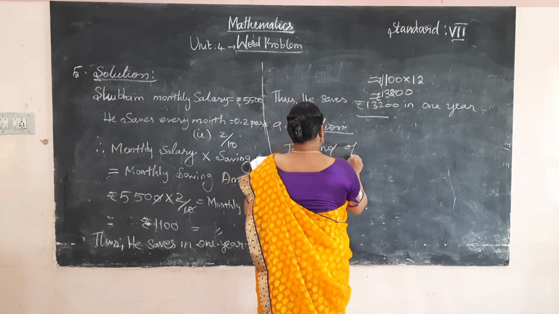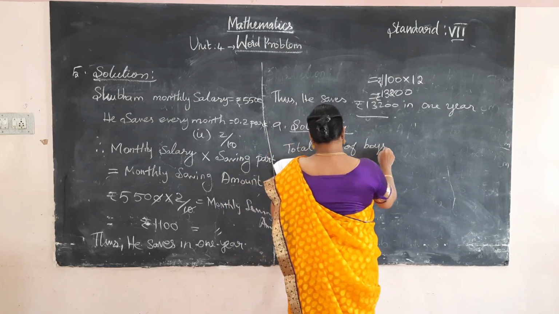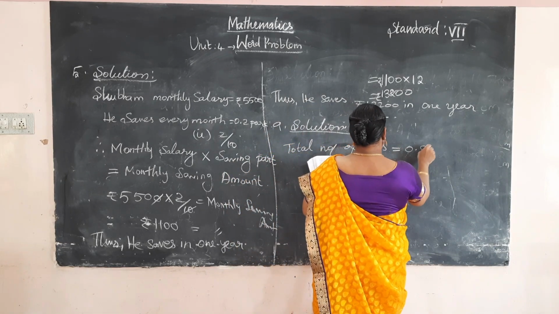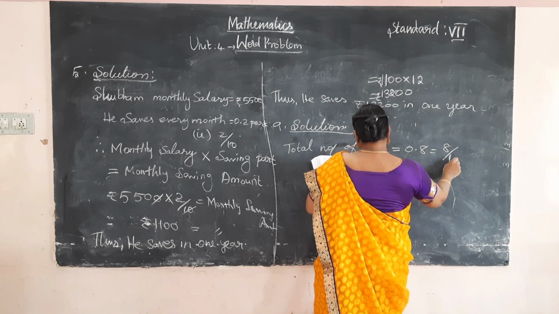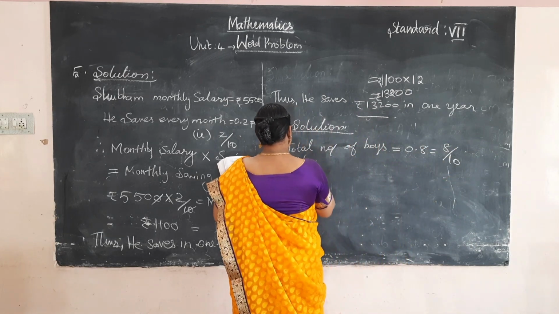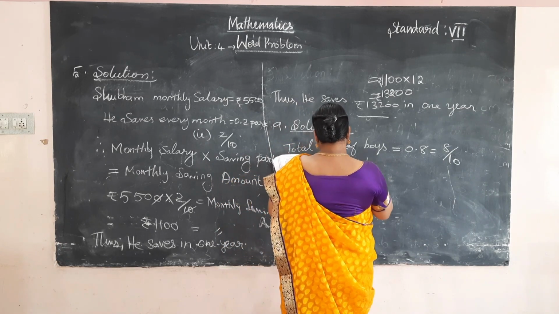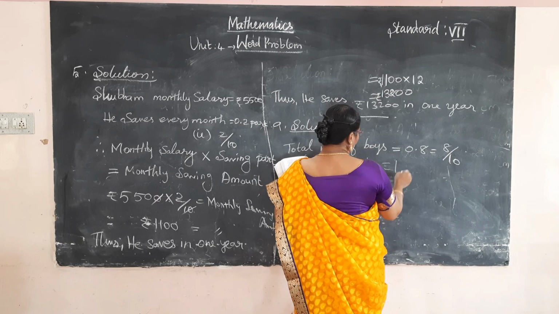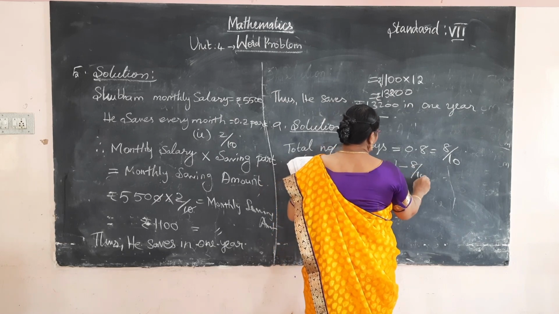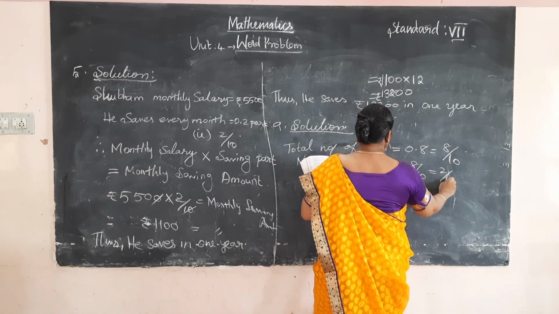Total number of boys is 0.8 given, so that is 8 by 10. So the girls ratio, how do you calculate? 1 minus 8 by 10. So what we get? 2 by 10.